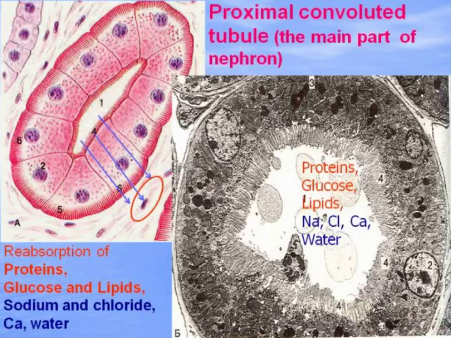And the reason why these cuboidal or columnar epithelial cells have special ultrastructures: on the apical portion, microvilli, which compose the brush border, for organic components reabsorption, and in the basal part, basal striation with mitochondria, for reabsorption of salts and water.